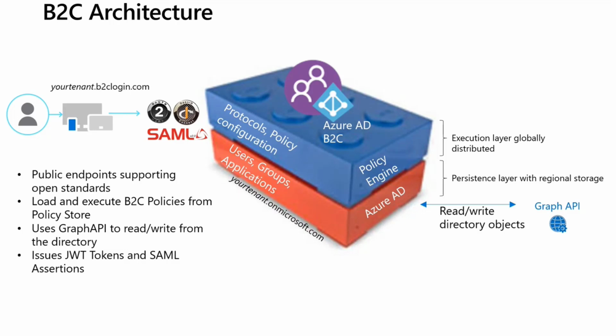If you do an internet search, does B2C support client credentials? And you see, no, it doesn't. What it means then is you can't invoke the B2C login endpoint, hit a policy, and ask for client credentials. But you can do it on the red layer because that's how you do it, and that's supported. Speaking of client credentials, we are bringing that forward. You will see that in public preview soon.